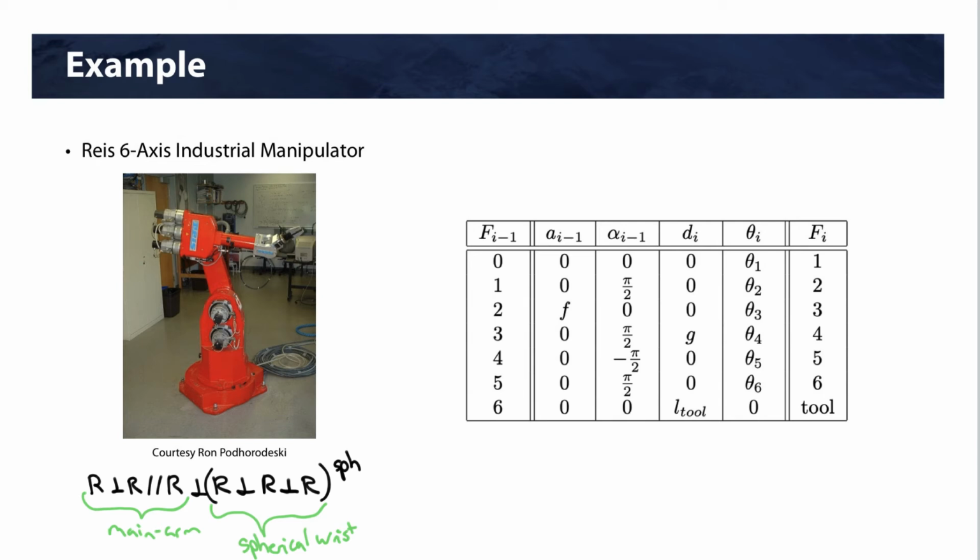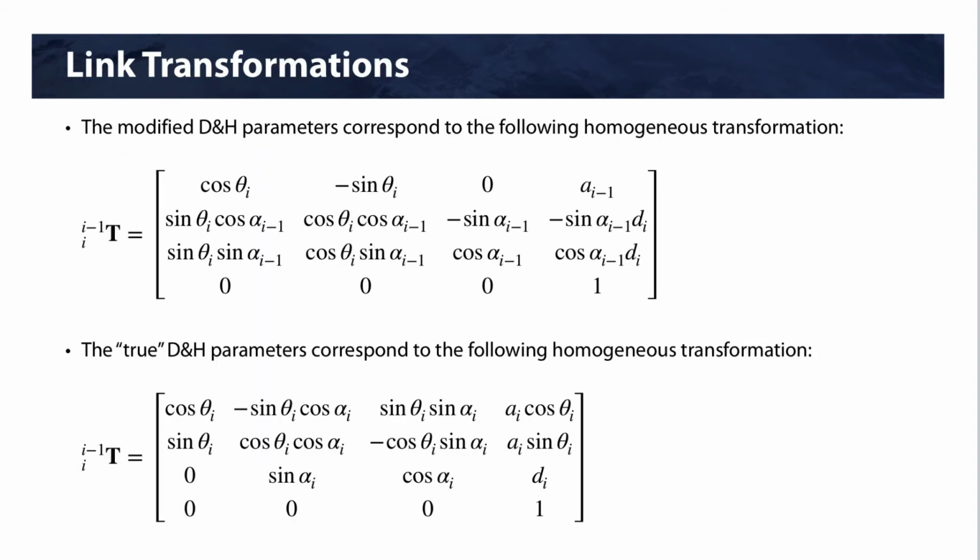We previously showed how we found the modified D&H parameters for this robot. For each link, we have our 4 D&H parameters, and each one of these corresponds to a link transformation. So what we need to do is first substitute each row into our formulation.